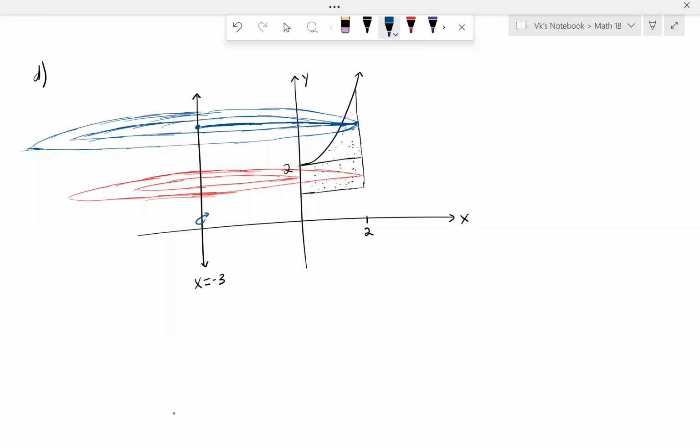As you can see, that would just be 2 plus 3, because from here to here, this is the distance of 3. The bigger radius is 2 plus 3, that is 5. The smaller radius is this one.